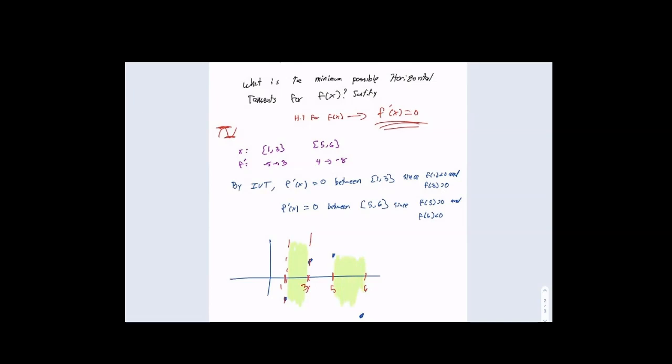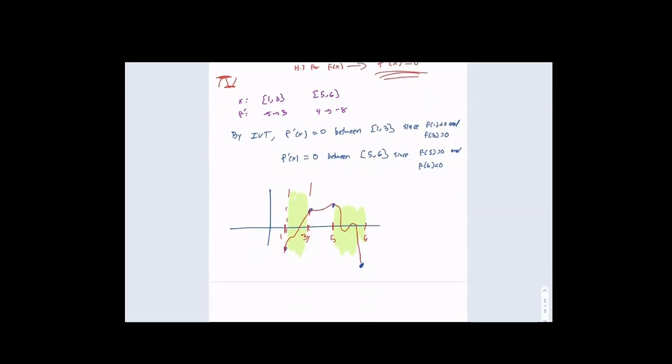Now, between 3 and 5, it could do something else. There's nothing that says that it didn't, but I can't prove that. IVT tells me that at least once it can happen. It could happen more than once, but at least once. And so the answer is twice, or 2 horizontal tangents at minimum, or at least.